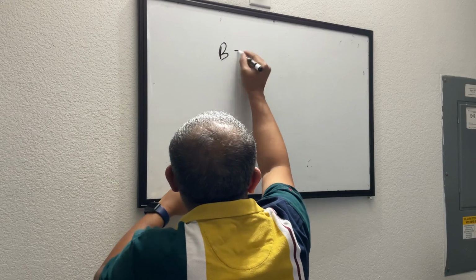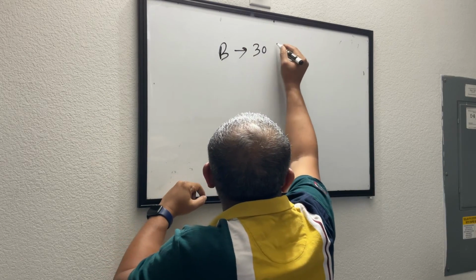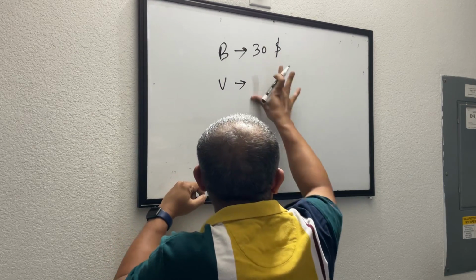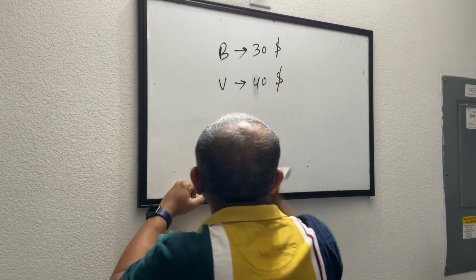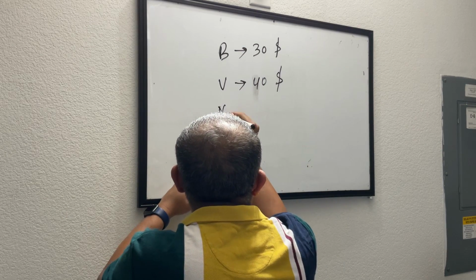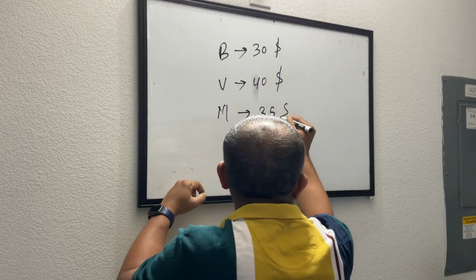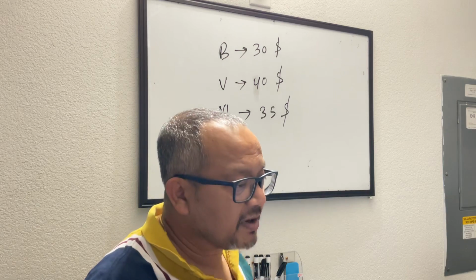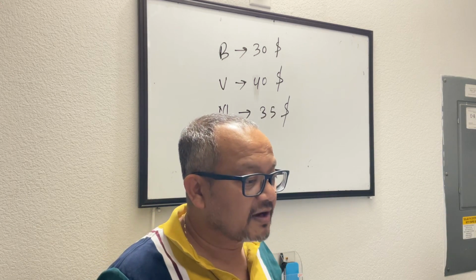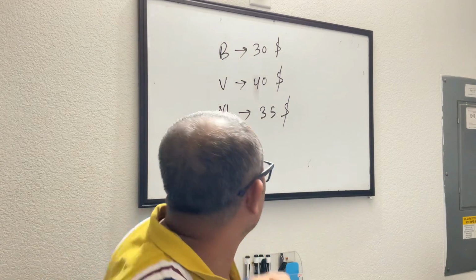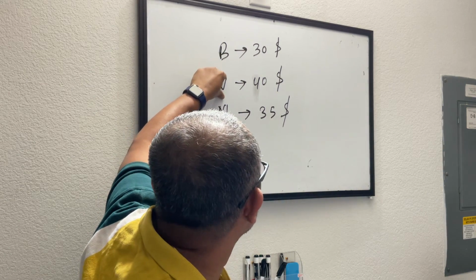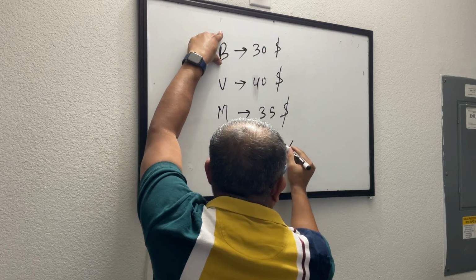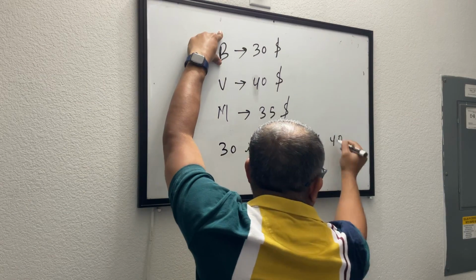Let's say Biren has $30, Vivan has let's say $40, and let's say Manas has $35. If somebody says, my money is what percentage of Vivan's money? 30 is what percentage of 40?